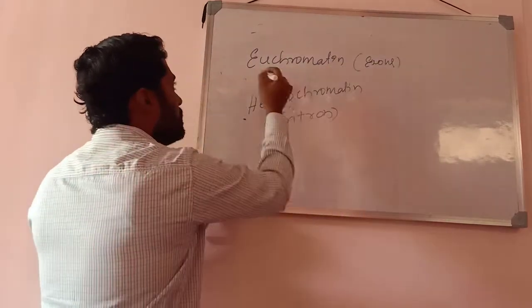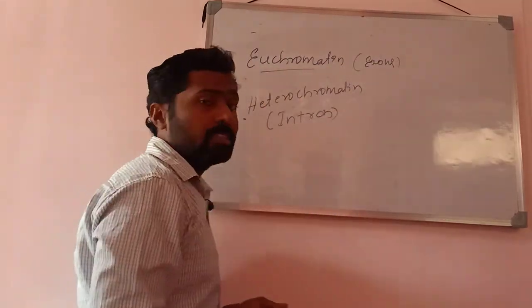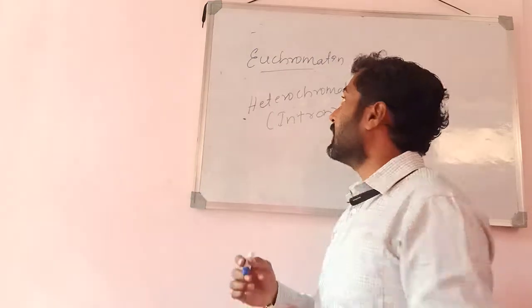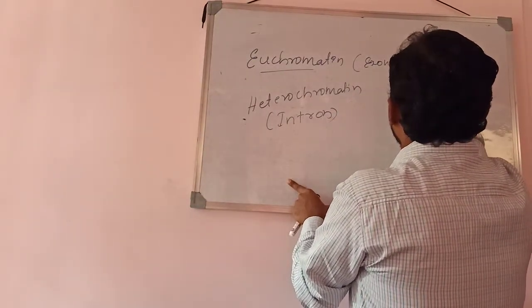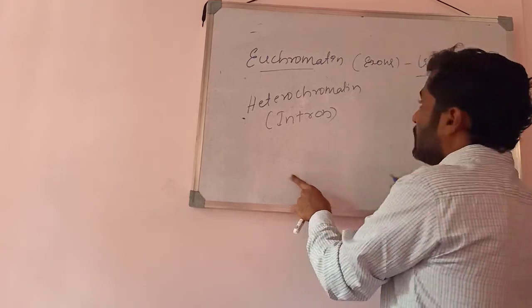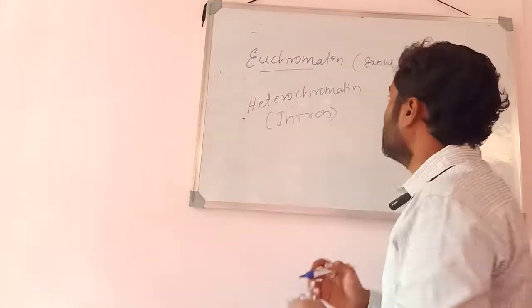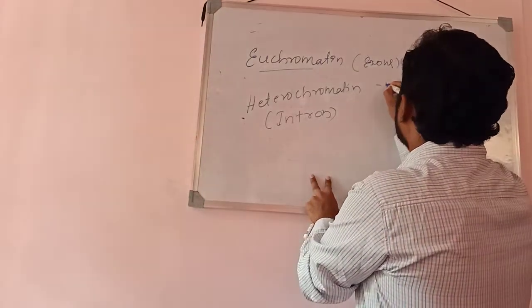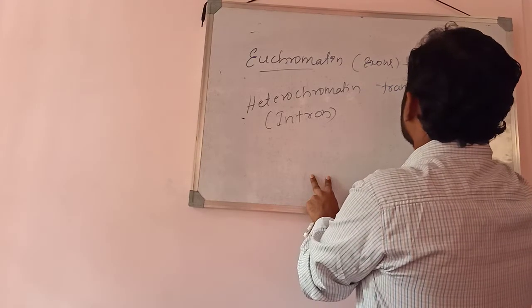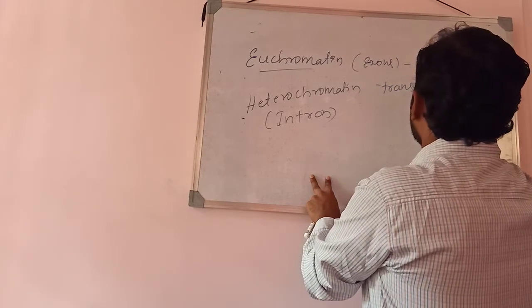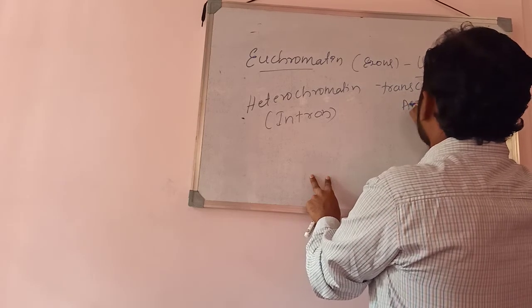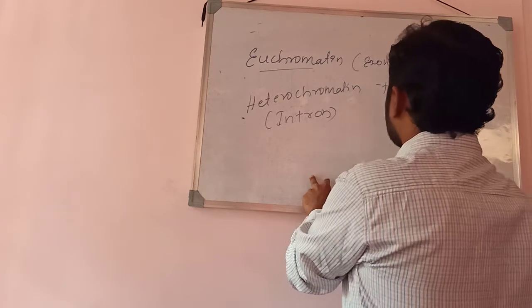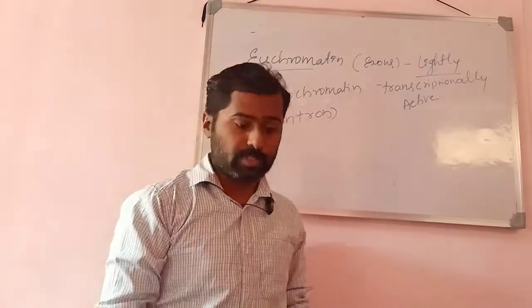See, euchromatin means the lightly stained areas on the chromatin, and these regions are transcriptionally active.